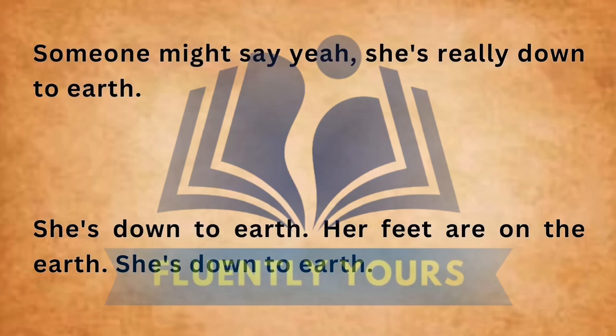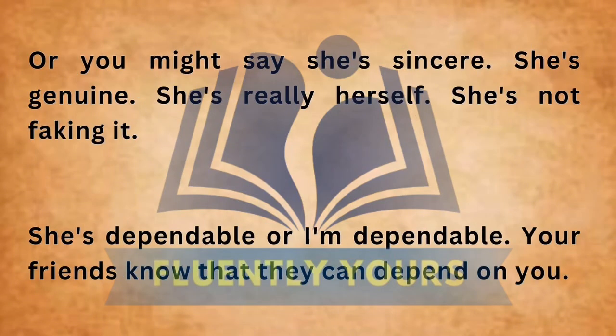She's down to earth. Her feet are on the earth. She's down to earth. Or you might say she's sincere. She's genuine. She's really herself. She's not faking it. She's dependable, or I'm dependable. Your friends know that they can depend on you.